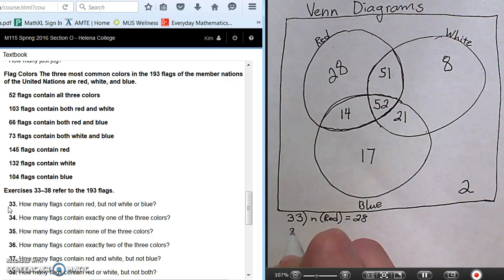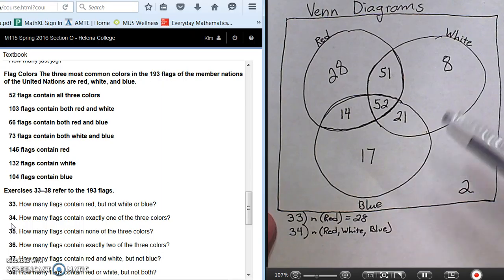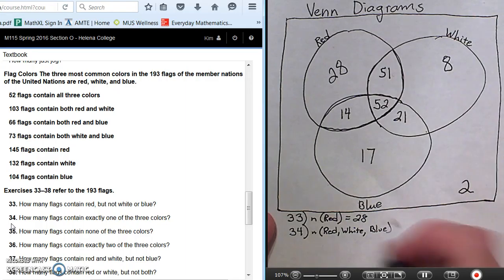Number 34. How many flags contain exactly one of the three colors? We want to know exactly those flags that contain only red, only white, or only blue. They don't contain other colors, so I would add 28, 8, and 17.